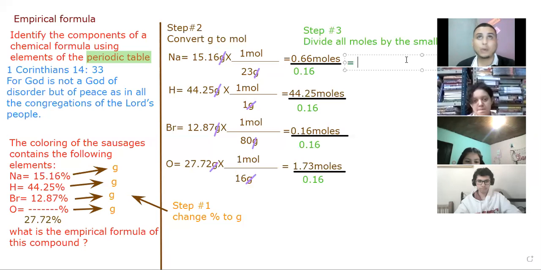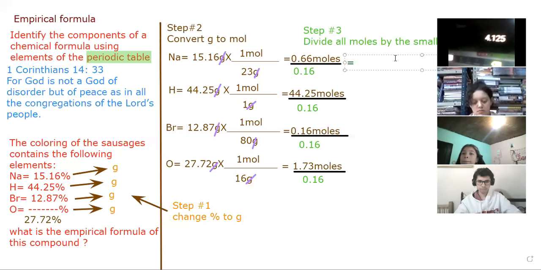Divided by 0.16. The answer that I have in my calculator is this one. But what is the whole number there? Just 4. Because you can't round that number. It's just 4.